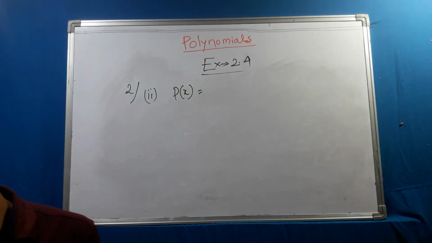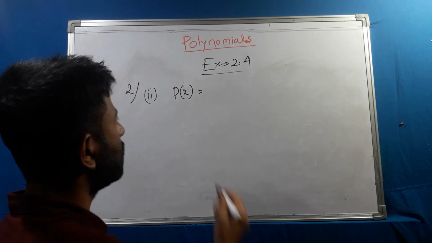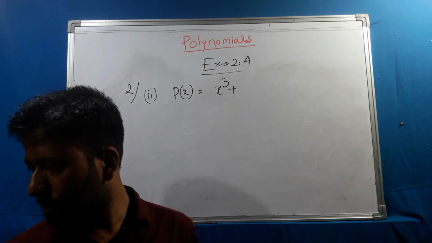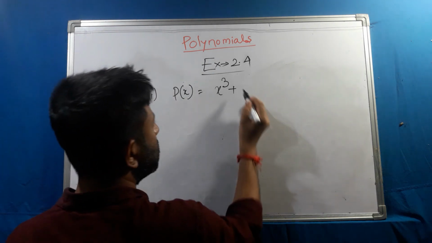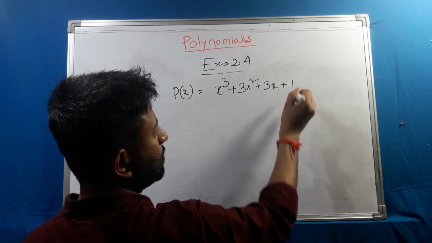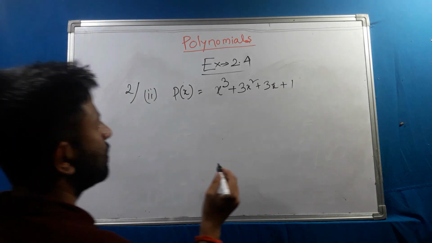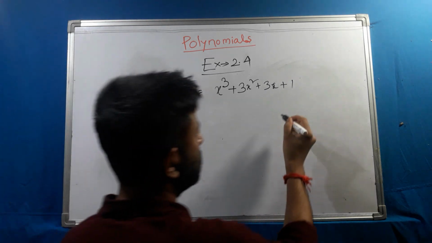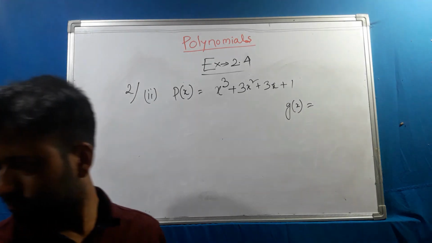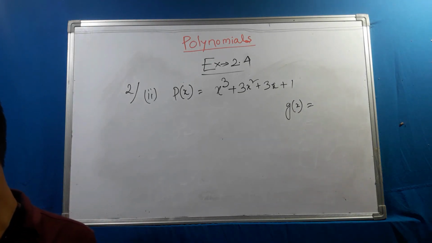Question 2, px is given as x cube plus 3x square plus 3x plus 1. Okay, so this is my px, and gx is given as x plus 2.